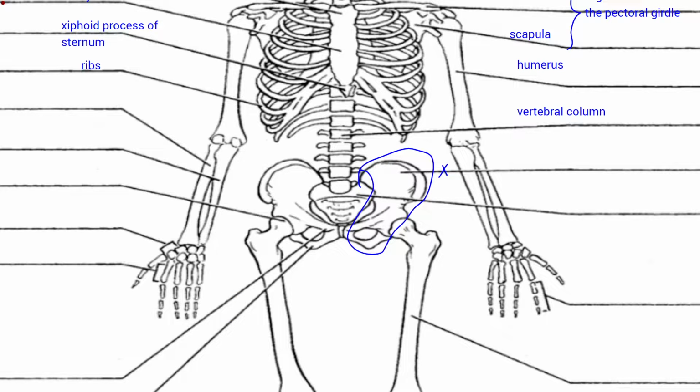Okay. Let's try not to erase any other thing. So this is the ilium. This is the ischium. And this is the pubis.